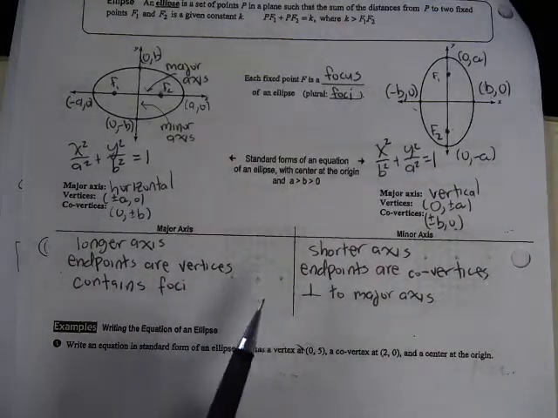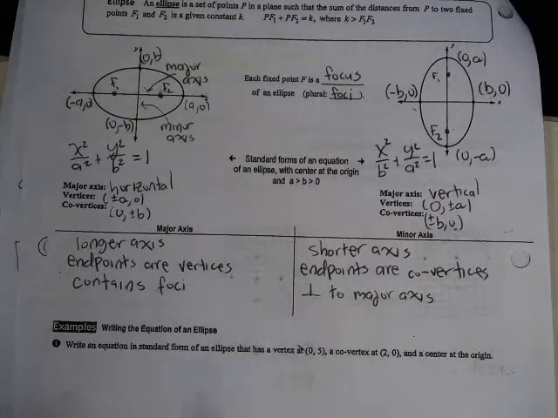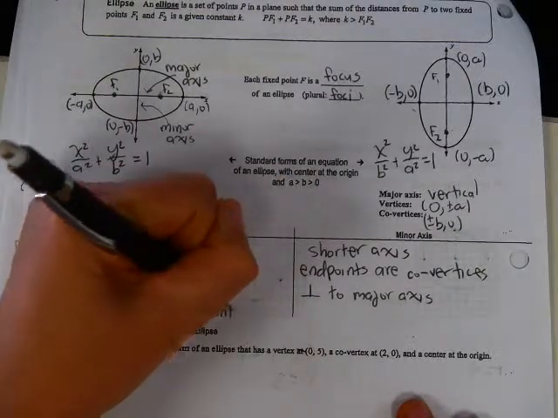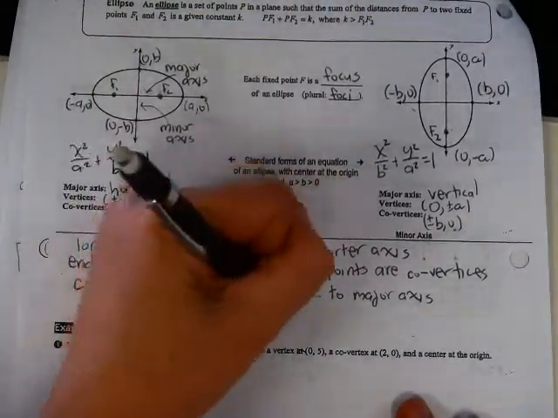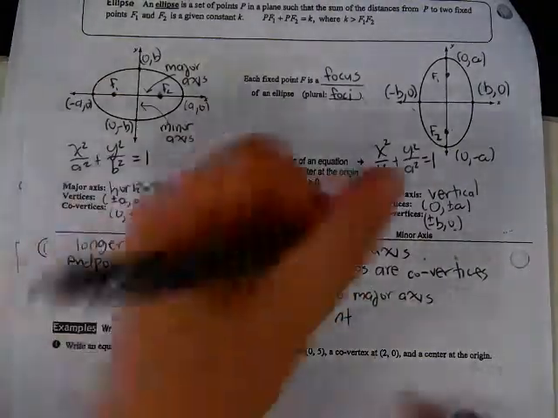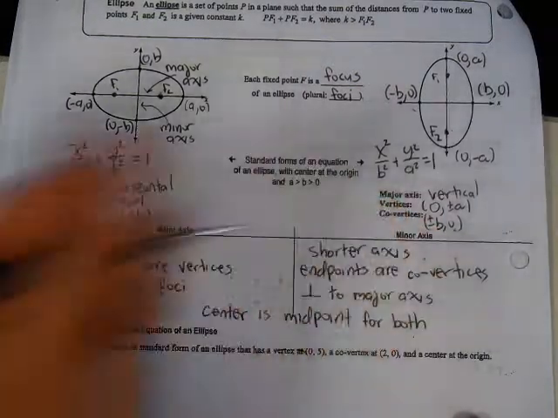Now the center of the ellipse is always the midpoint for both. So I'll just write center is the midpoint for both.